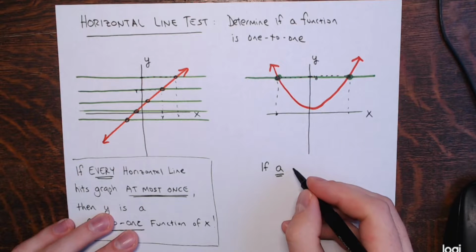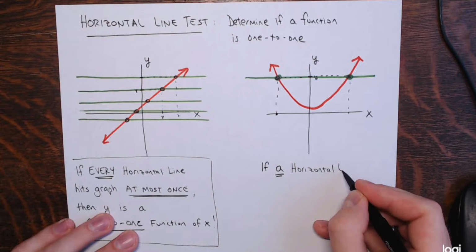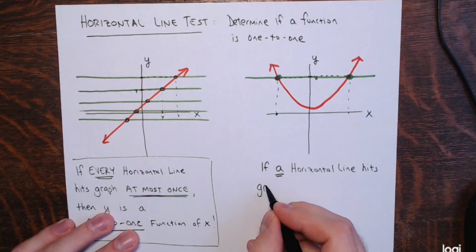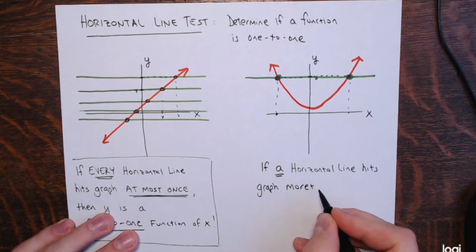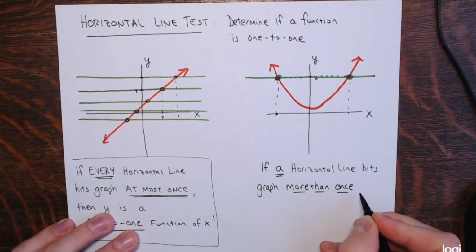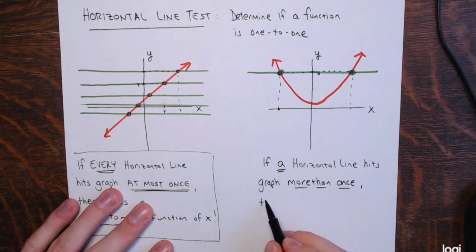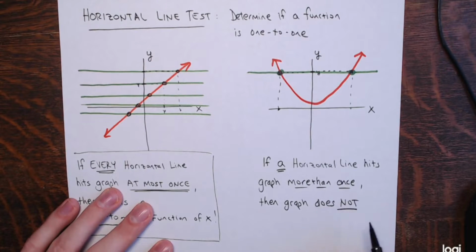If a horizontal line hits the graph more than once, that's two words, more than once, then not a one-to-one function. Then the graph does not represent a one-to-one function.